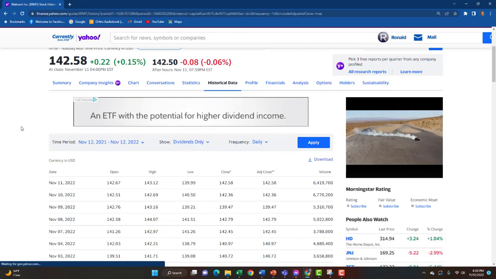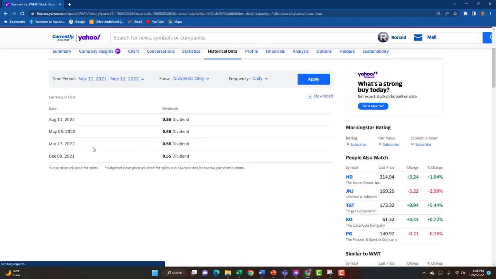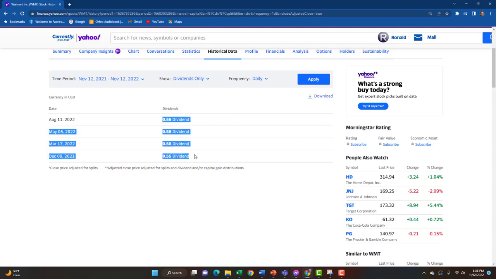And what the dividend 0 is, it's the last 4 dividends, or the last year of dividends that they paid. Walmart pays quarterly, so their last 4 dividends is the last year. So the last 4 quarters, 0.56 3 times and 0.55 1 time.